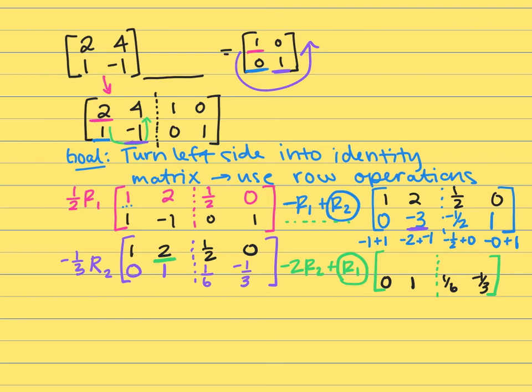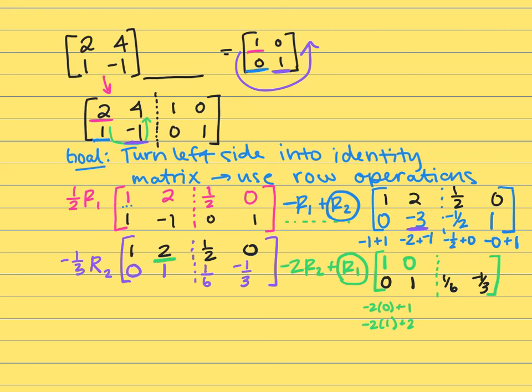So we have negative 2 times row 2, so negative 2 times 0 is 0, plus 1 is 1, so that spot stayed as a 1, as it should. Next one over, we have negative 2 times 1 plus 2, that is a 0, which again was the whole point, so we hope that one's right.